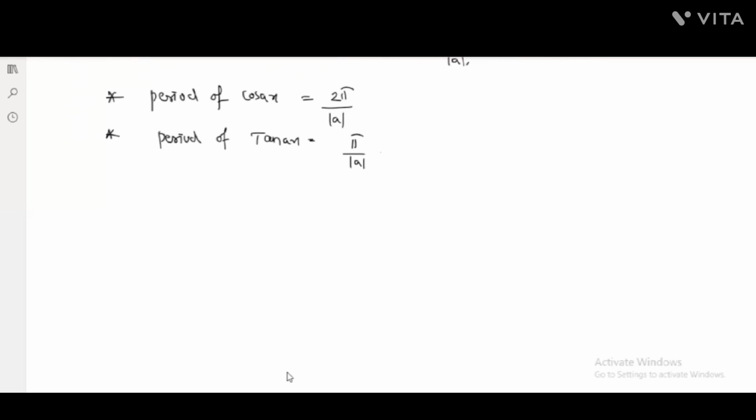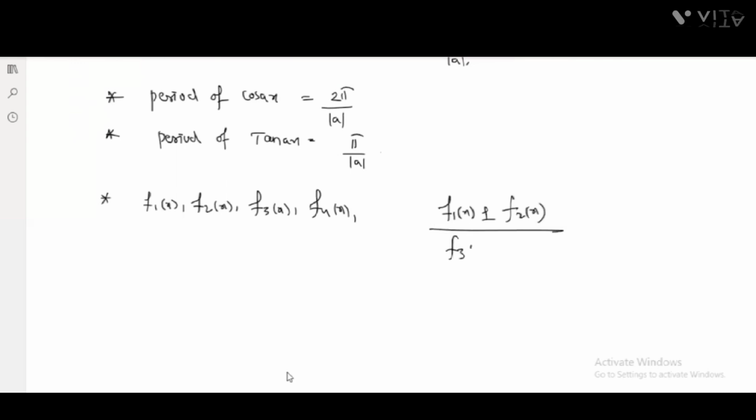And here one more thing: when two or more functions come, like f1 of x is one function, f2 of x is another function, f3 of x is another function, f4 of x is another function, and they are connected with this relation, f1 of x plus or minus f2 of x divided by f3 of x plus or minus f4 of x.